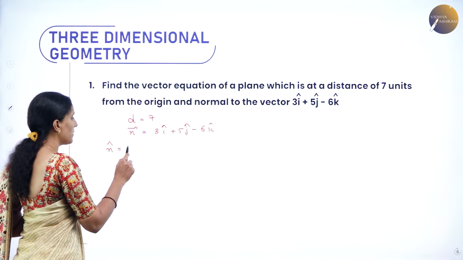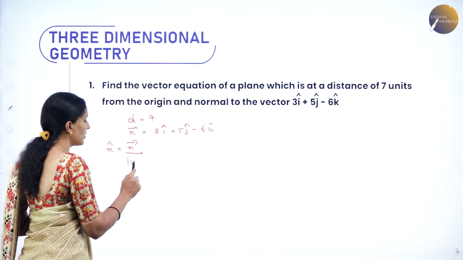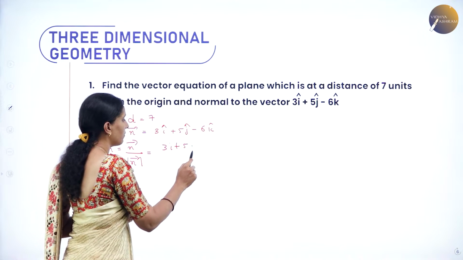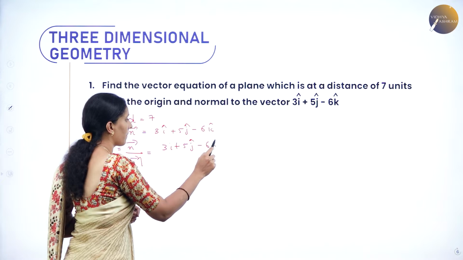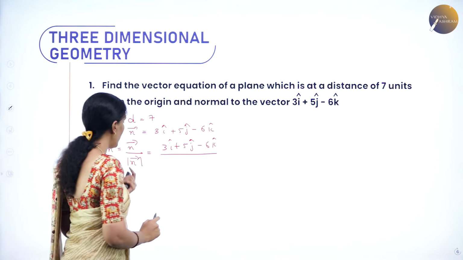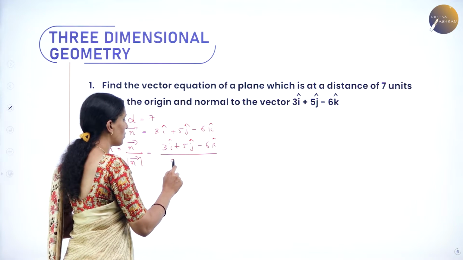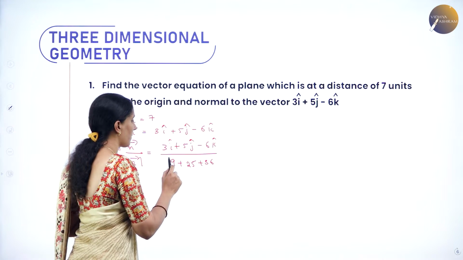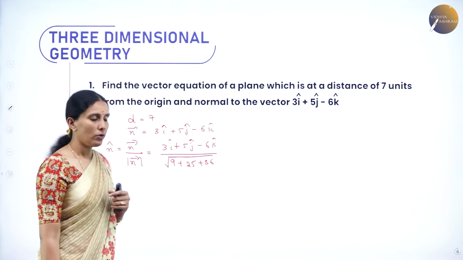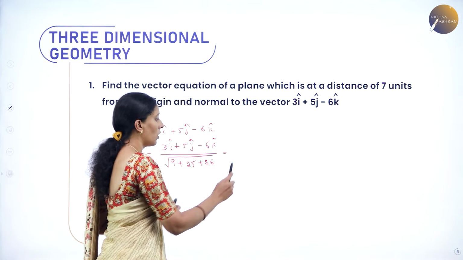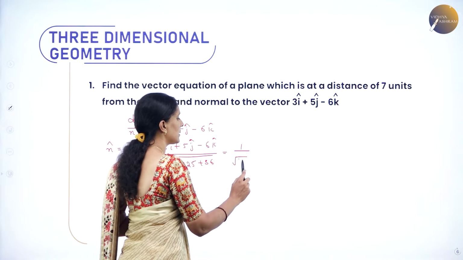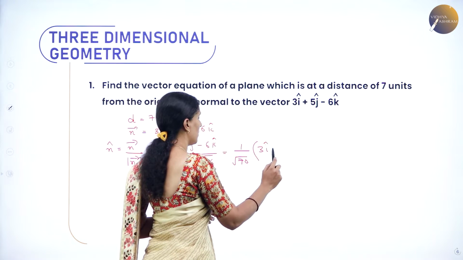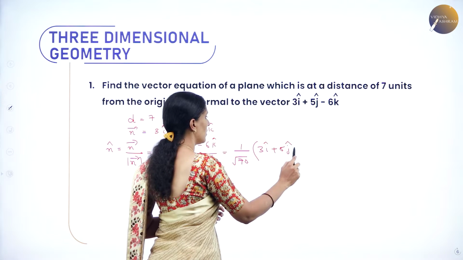We know that n cap is vector n divided by the magnitude of vector n. So we have 3i plus 5j minus 6k divided by the magnitude, which is the square root of 3 squared 9, 5 squared 25, 6 squared 36, that is root 70. So we have 1 by root 70 into 3i plus 5j minus 6k.